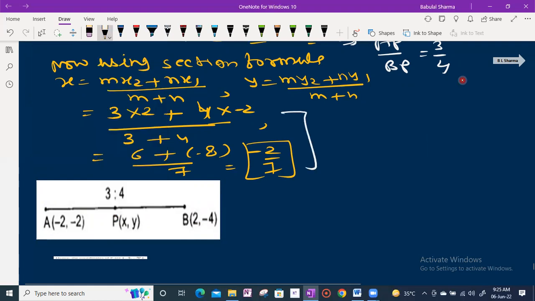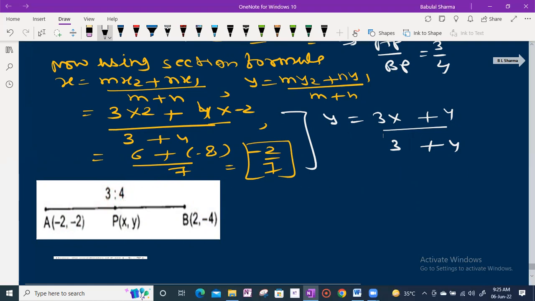For y coordinates, y is equal to what is m? M is 3, n is 4, 3 plus 4. What is y2? Y2 is minus 4 and y1 is minus 2. M is 3, n is 4.